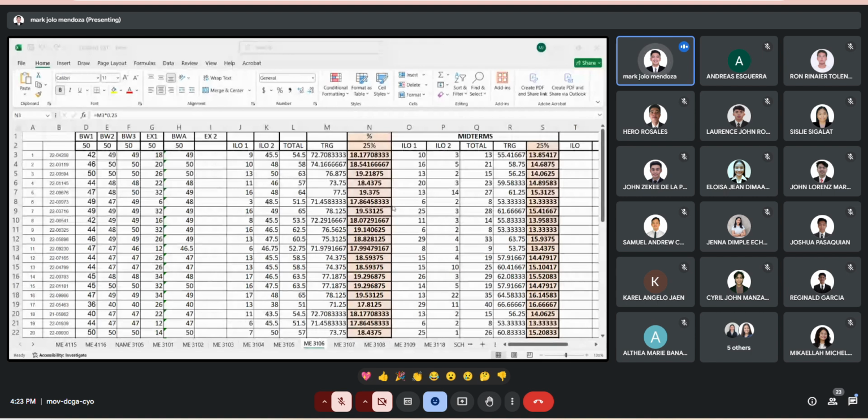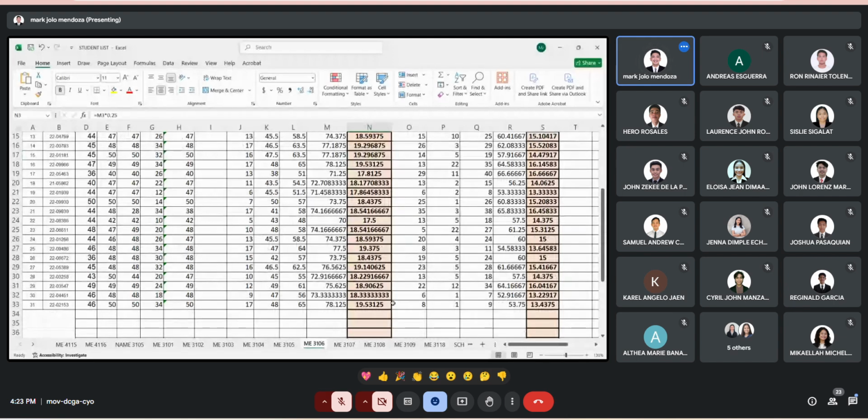Tignan niyo kung gaano pa kalaki yung hahabulin niyo. So ito yung lower part, kita niyo. So, yung 88, 'di ba.